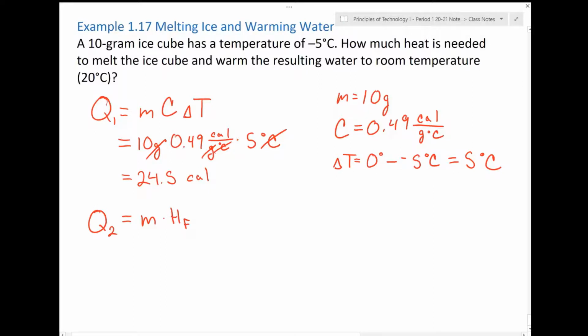The mass of the ice is, of course, still 10 grams. The heat of fusion is 79.8 calories per gram, which is found in the chart right above this example, and it is table 1.8.